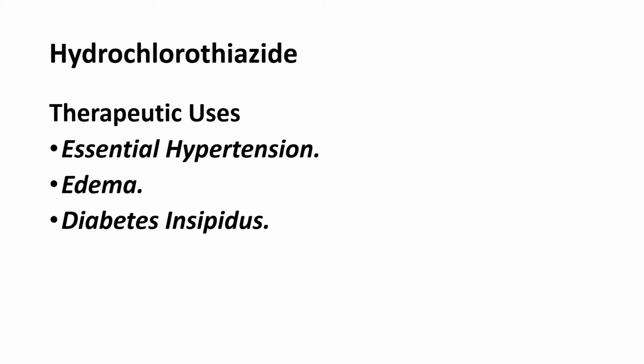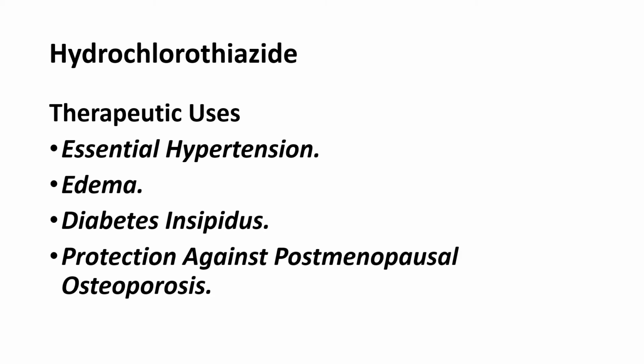So diabetes insipidus is a rare condition characterized by excessive production of urine. So in patients with this disorder, thiazides reduce urine production by 30 to 50%. And protection against postmenopausal osteoporosis. So your thiazides promote tubular reabsorption of calcium and may thereby decrease the risk of osteoporosis in postmenopausal women.